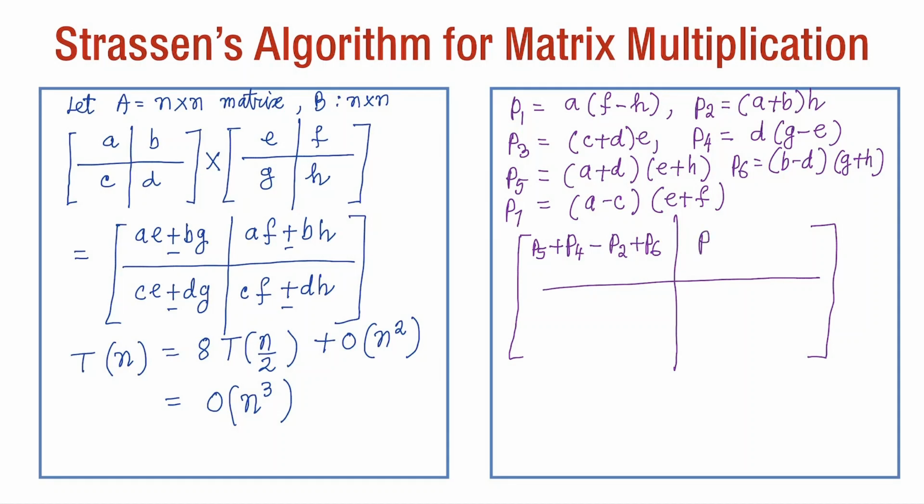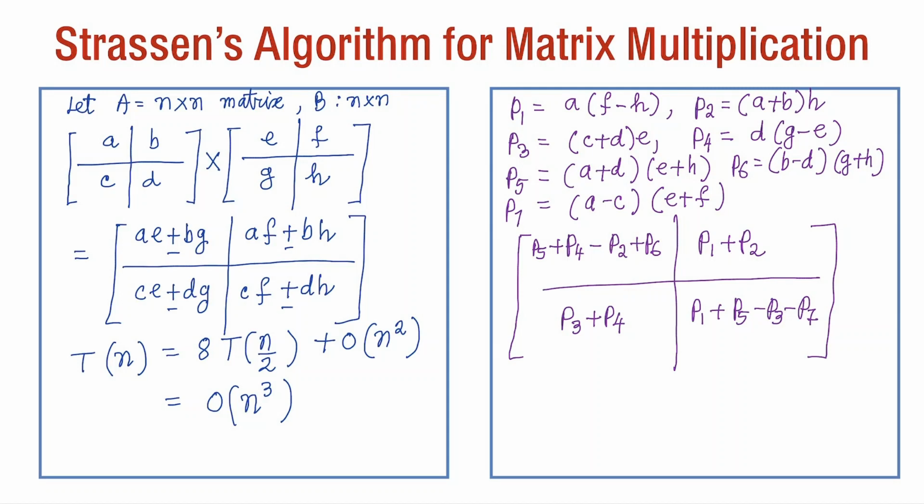The second term is P1 plus P2. The third term is P3 plus P4. And the fourth term is P1 plus P5 minus P3 minus P7. You can check it out yourselves.